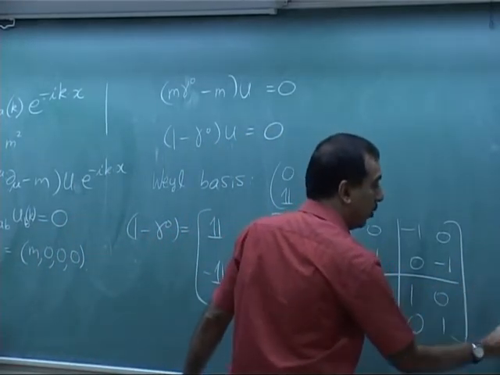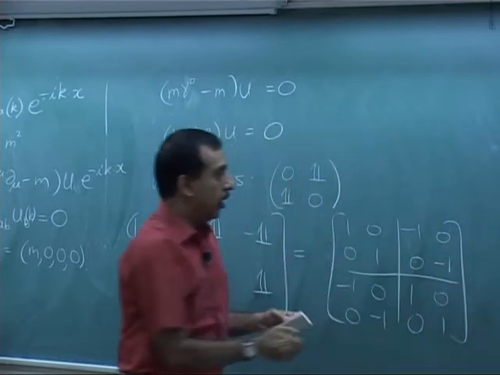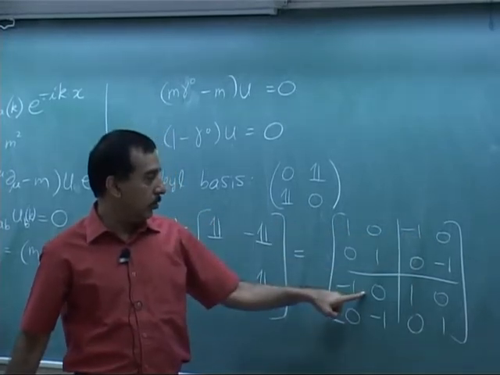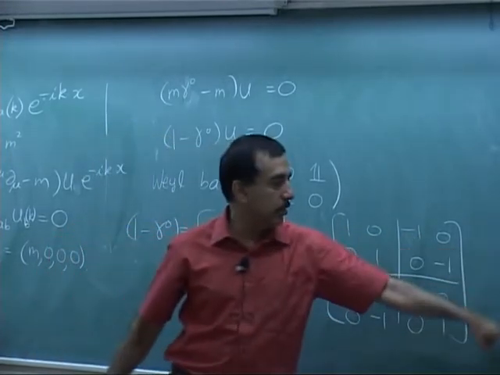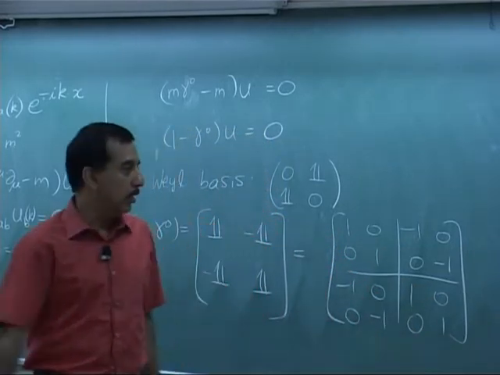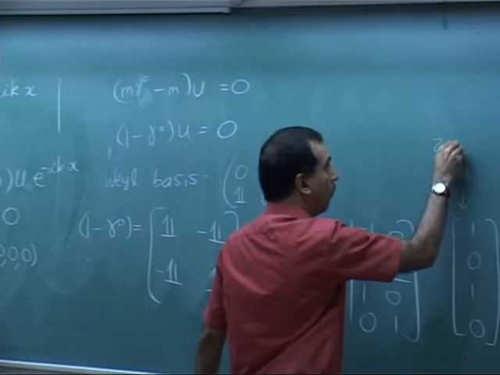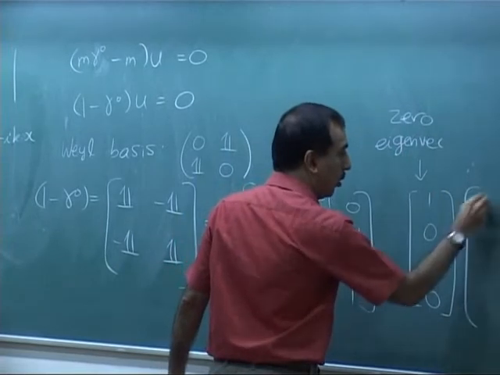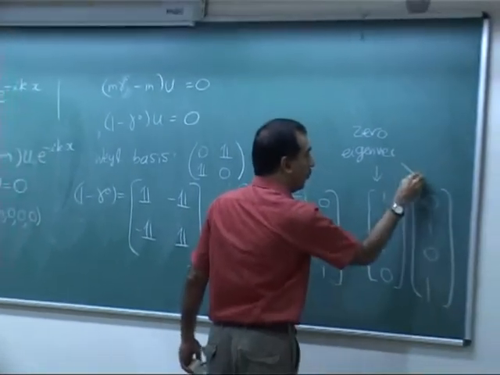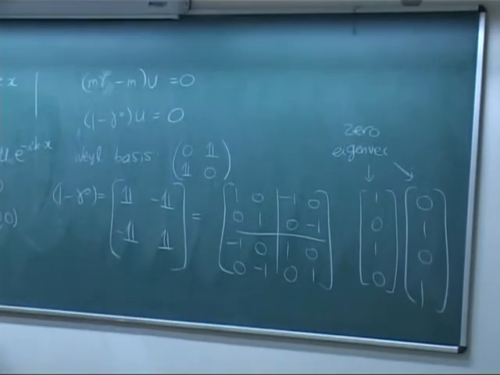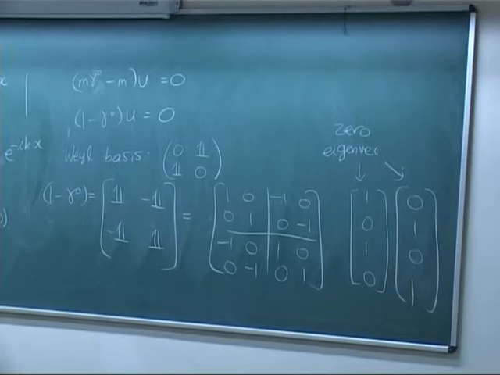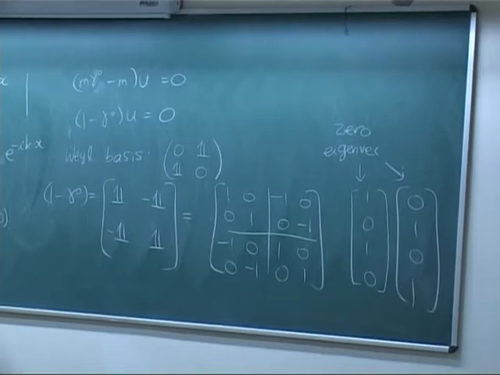One is 1, 0, 1, 0. Because when you multiply here, you see this and this give a cancelling contribution. Same thing happens in this row, and this row and this row are unaffected because this has zeros there. So it's very easy to see that this is a zero eigenvector. And the other one is 0, 1, 0, 1. So both are zero eigenvectors. So these are the u's that we want to put in as free particle wave functions, but of course, only in the rest frame.